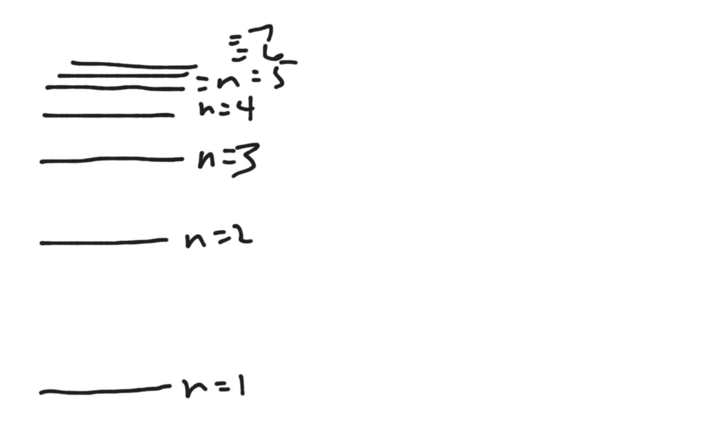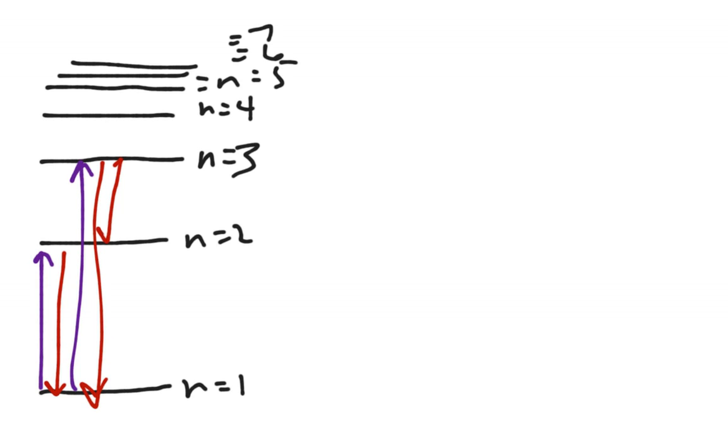And we can say our electron can jump, and then it can fall back down. Or it can jump, and it can fall back down, or it can fall just down to the second one. And it can jump, and it can fall.